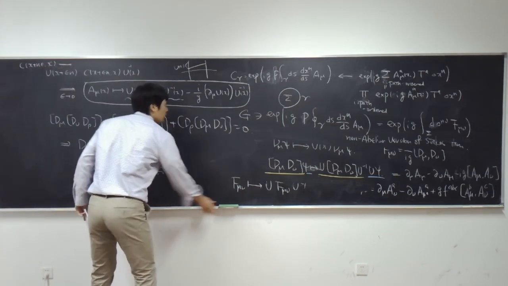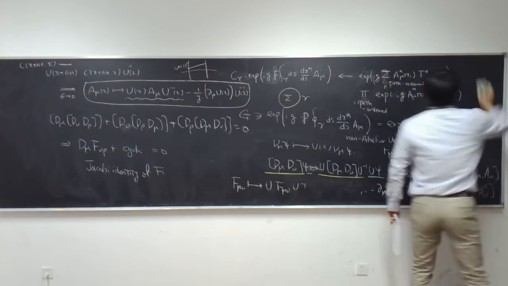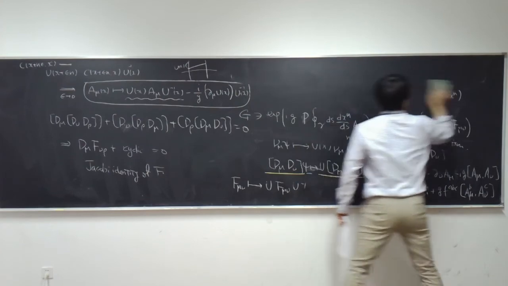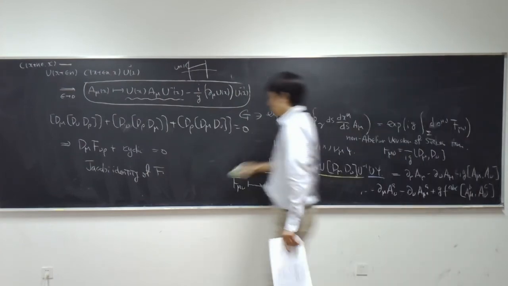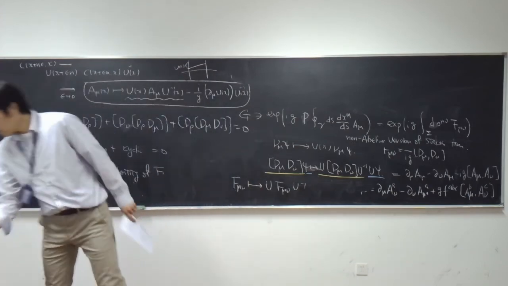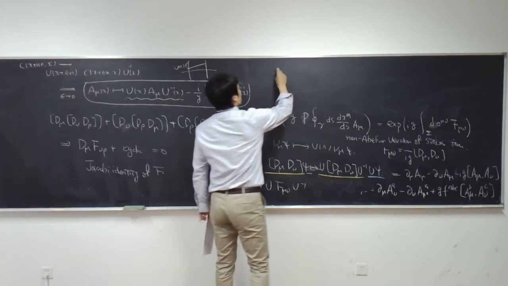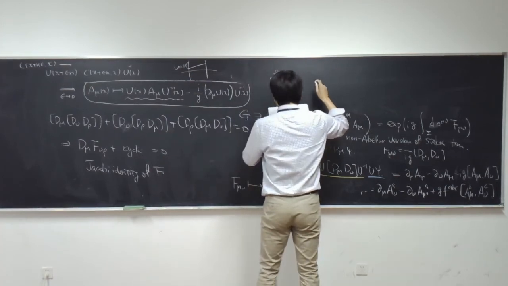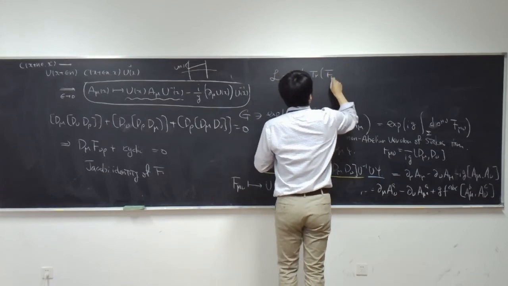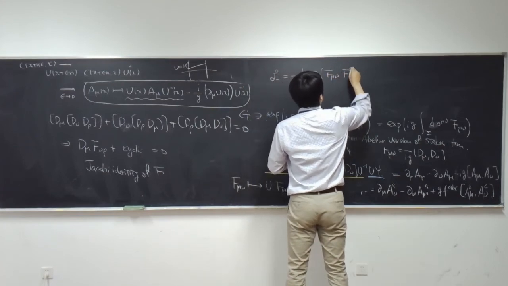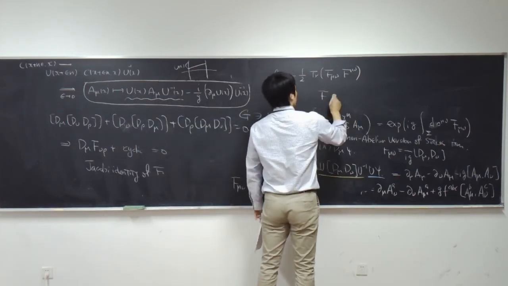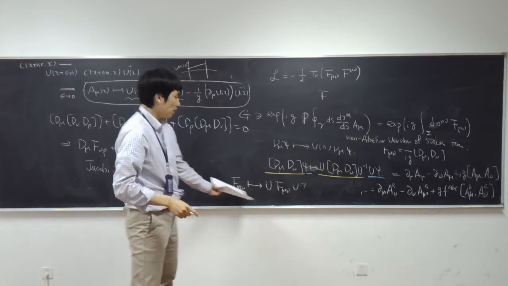And then one can introduce the action of Yang-Mills. So L is given by the trace of F squared. By taking the trace, F is transformed like this, right?